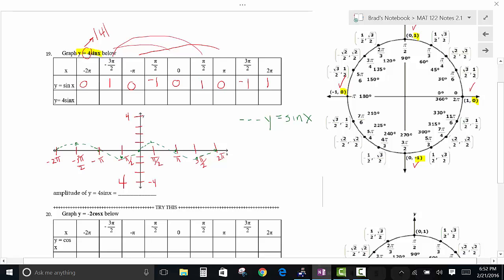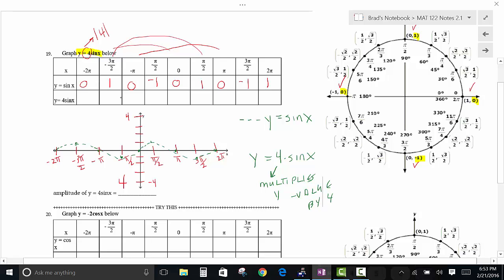Now, what I'm wanting you guys to really understand is how the arithmetic works on this. Okay, what's important to understand is if you have y equals 4 times the sine of x, what that 4 does is it multiplies every y value by 4.